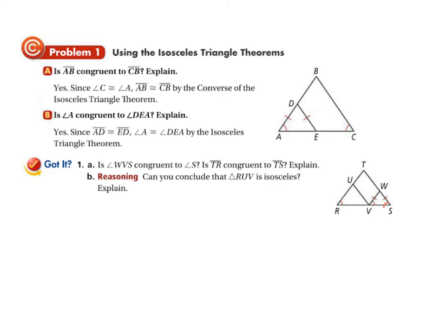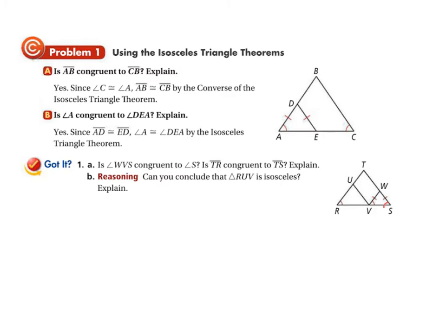Okay, can you conclude that triangle RUV is isosceles? Let's see. Well, my best guess is that we don't have enough information, because see where this side UV is? We don't have any reason to believe that it's at any particular angle. It could be coming like this.